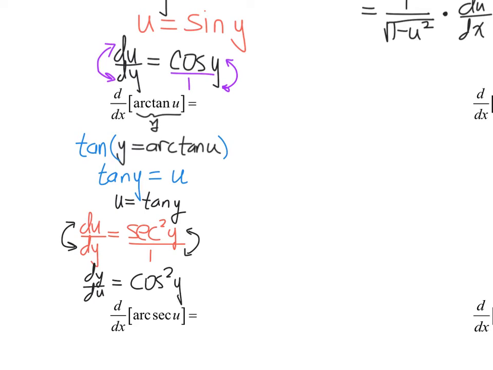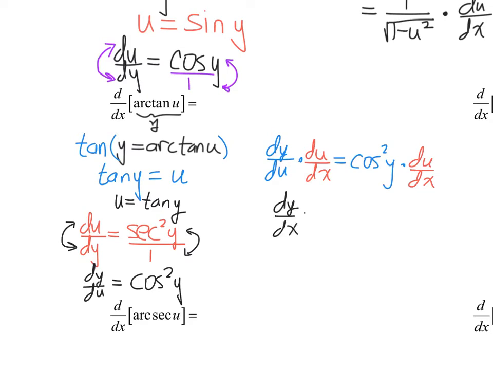Then I need dy dx, so that's where we multiply by du dx to both sides. Left-hand side cleans up to a nice dy dx. The right-hand side is cosine squared y times du dx.